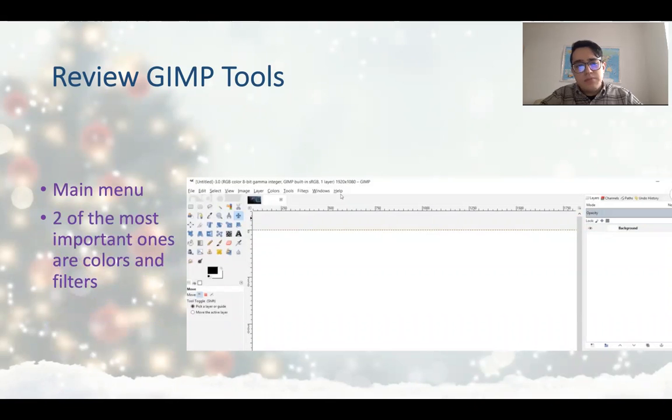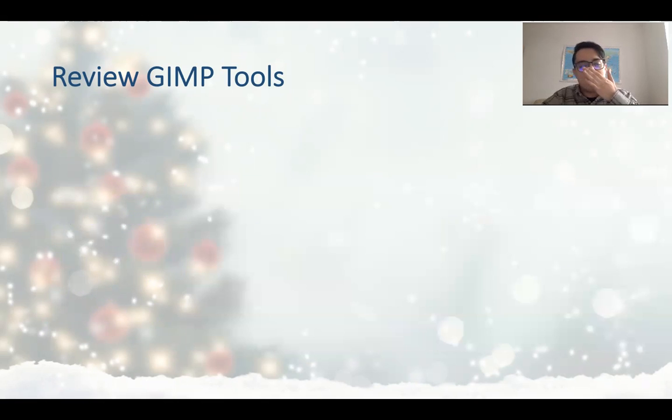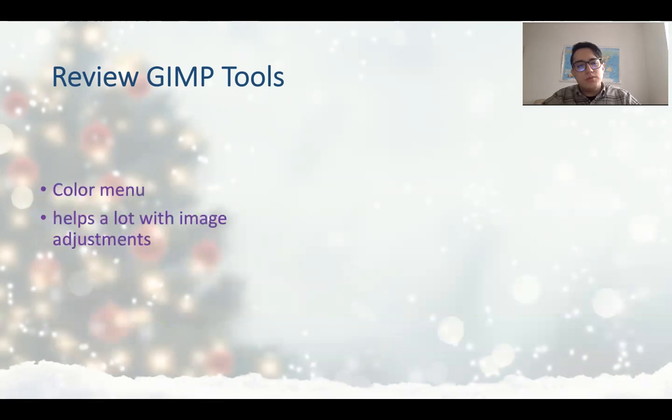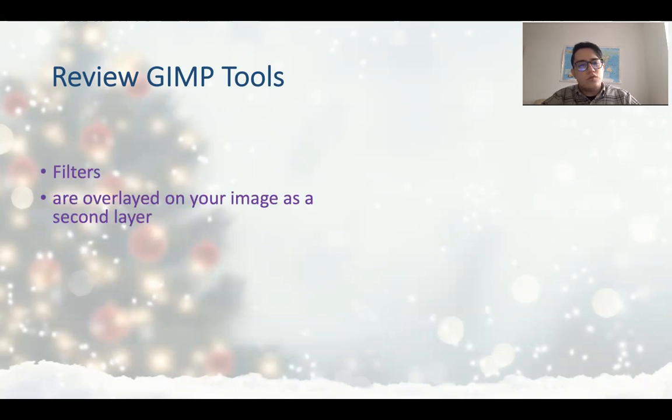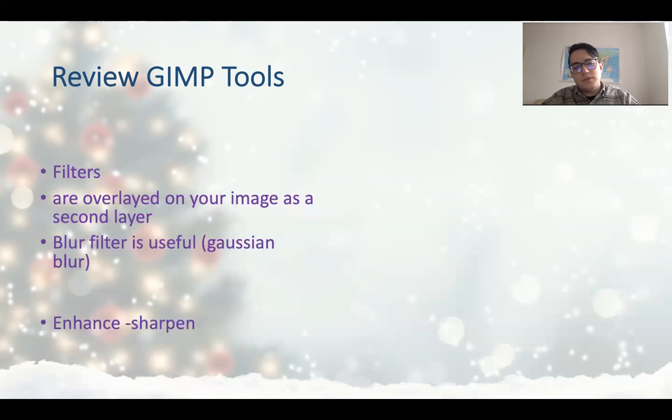We have the main menu, and two of the most important ones are the color and filter tabs that you can use to edit a photo. The color menu helps you a lot with image adjusting. Filters are overlaid on your image as a second layer.